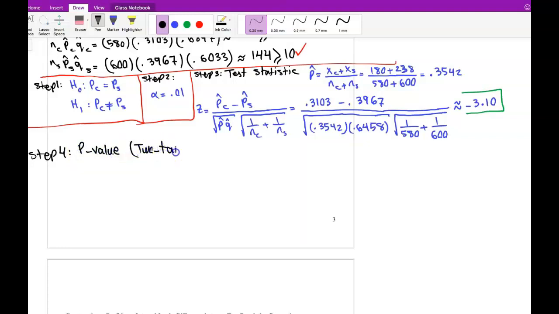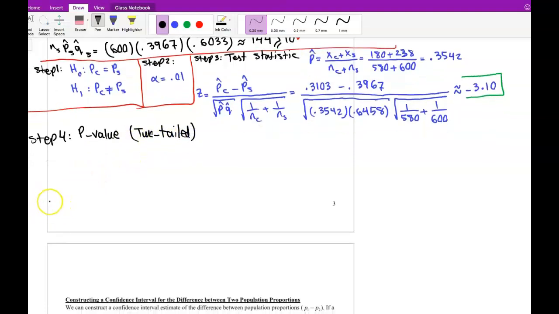We have to tell, so our z is negative 3.10.